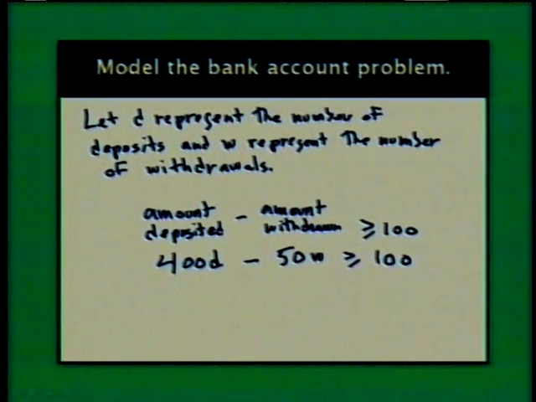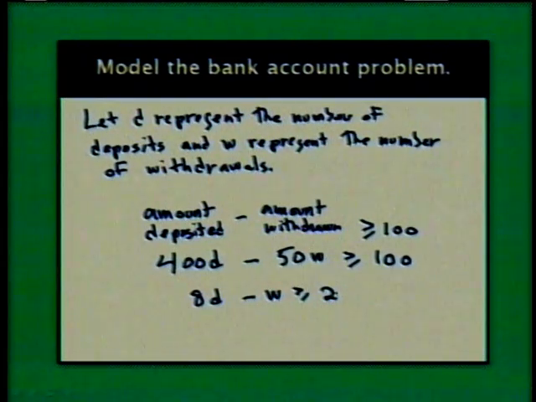So I think what I'm going to do in this situation is simplify this a little bit so I can graph the boundary line using slope-intercept form. I'm going to divide both sides of the inequality here by 50. So I'm going to have 8D minus W is greater than or equal to 2. And you can see that with this form of the model, it's going to be a lot easier to work with slope-intercept form.